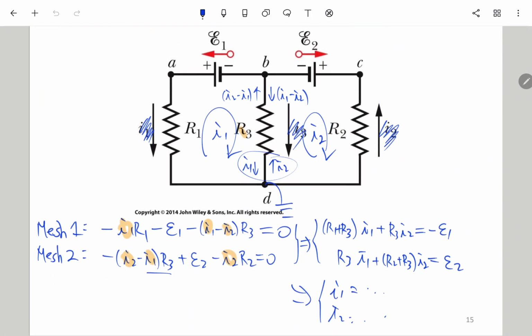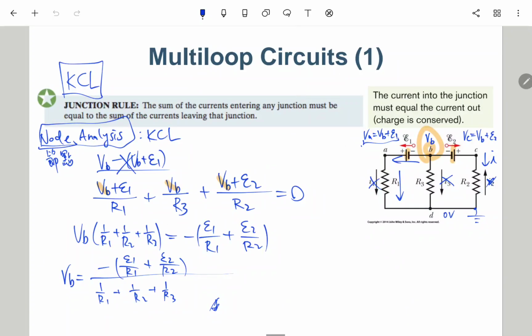Here, if we already know I1 and I2, then we can also find every single voltage easily. And these two methods are equivalent to each other. They should find the same answer. Even though for this example using node analysis may be easier, for some circuits using mesh analysis may be easier.